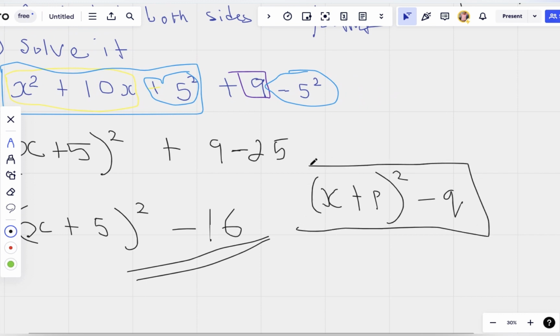We've not finished the completed square, because this is an expression. So there's a difference between putting it in completed square form and solving using completing the square. Completed square form means you should just reach this level and stop. Completed square form.